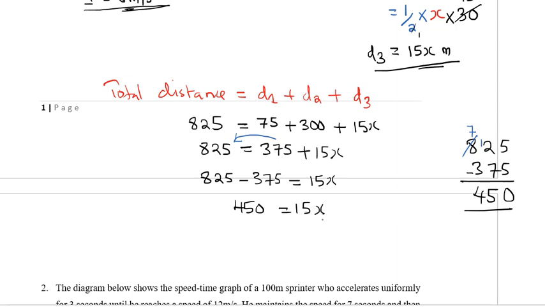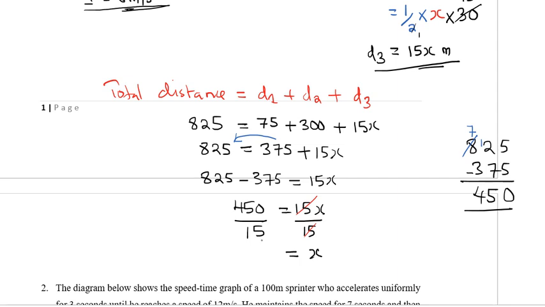So since we want to find the value of x, what are we going to do? We divide on both sides by 15, and then we are going to remain with x. This side will remain with x, and 15 goes into 45 how many times? That will be 3 times, isn't it?